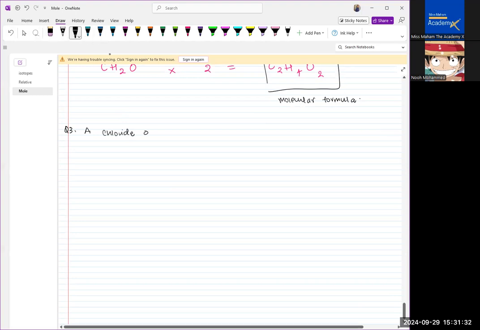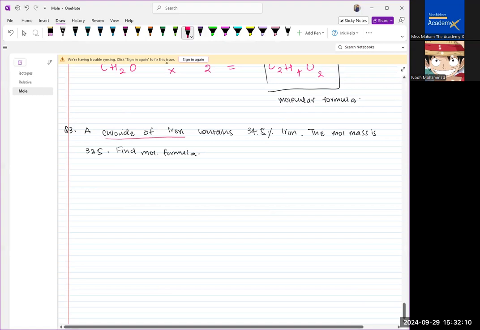A chloride of iron contains 34.5% iron. The molecular mass is 325. Find the molecular formula. Now, before you start off with this question, I'm just going to clear up one thing.